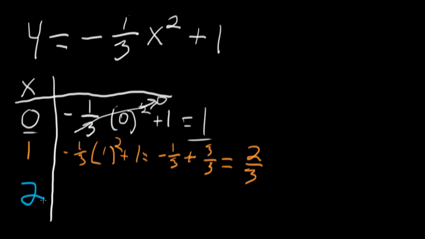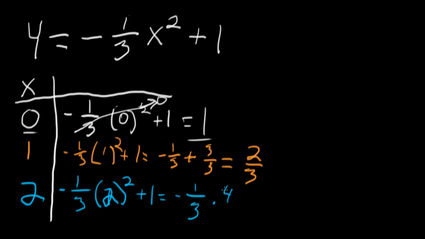Okay, so down here my 2, so negative 1/3, 2 squared plus 1 equals, well, now I've got negative 1/3 times 4, so I end up with negative 4/3, plus, let's see here, plus my 3/3, so I end up at negative 1/3.